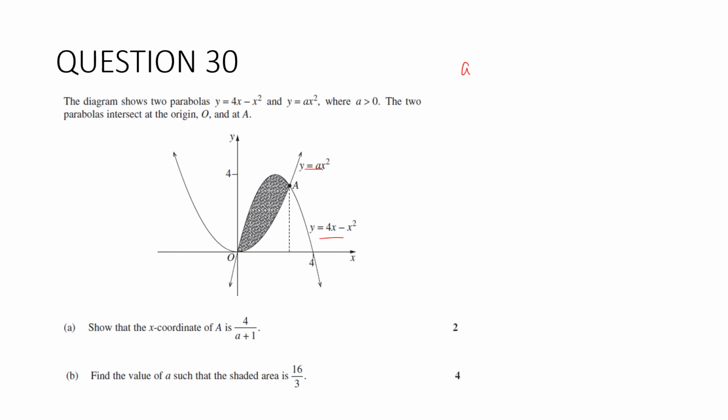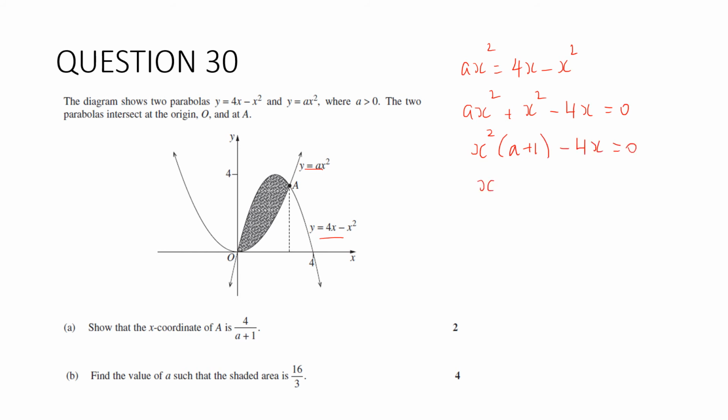So ax squared is equal to 4x take x squared. Taking everything over the left-hand side, we've got ax squared plus x squared, take away 4x equals 0. Factorising, x squared times a plus 1, minus 4x is equal to 0.